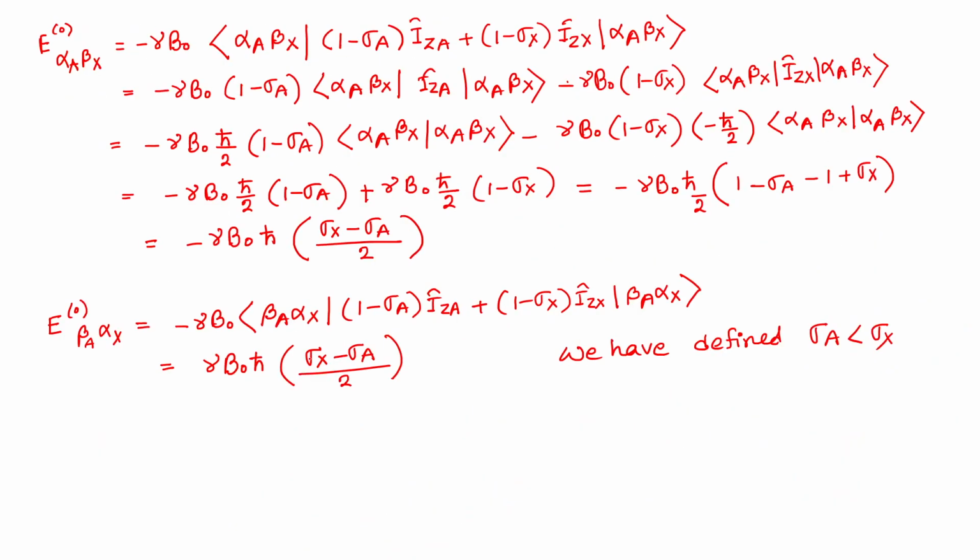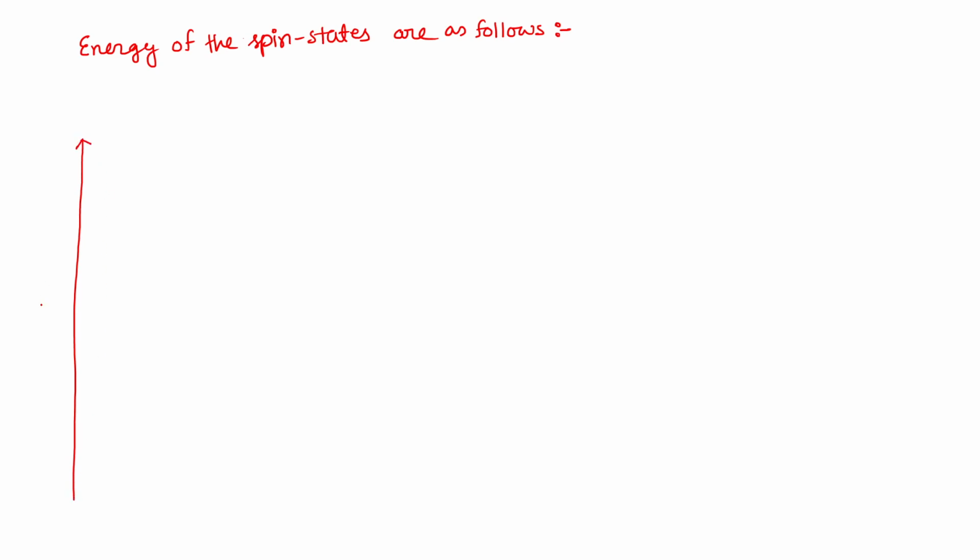So from here, if you want to draw the energy of the spin states, they are as follows. This is in presence of the magnetic field. This is your energy scale.